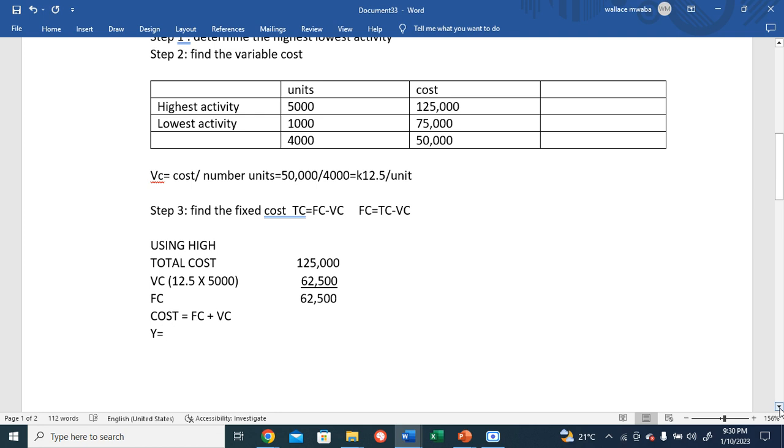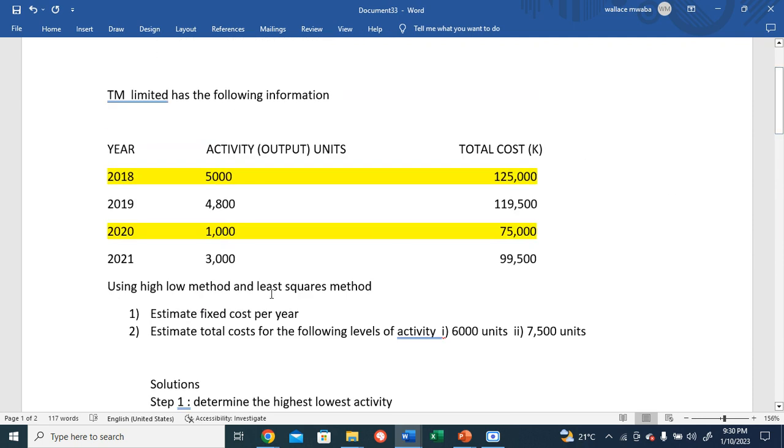If you remember, the equation of a line is y equals mx plus b. The m represents the variable costs, x represents the number of units, and b represents the fixed costs. So in equation format, it's 12.5x plus our fixed cost, 62,500.